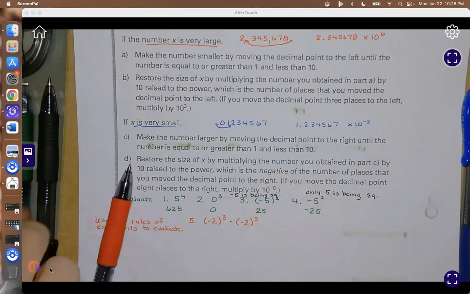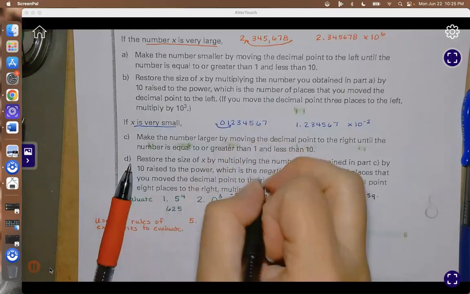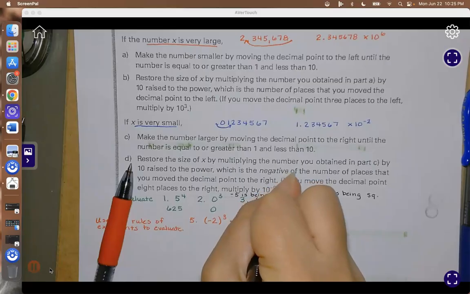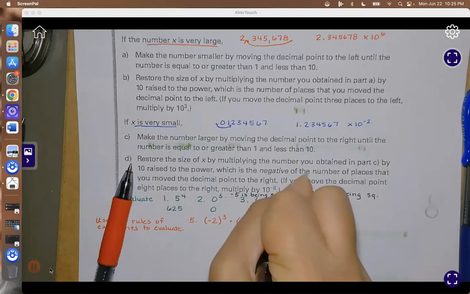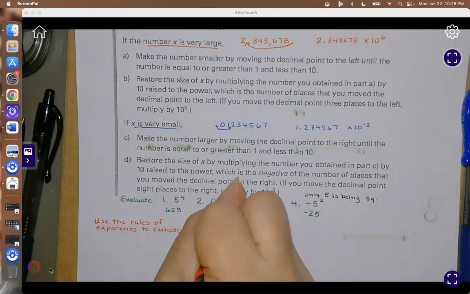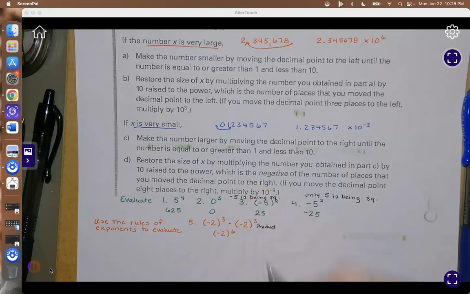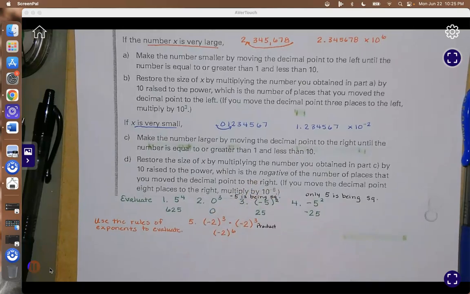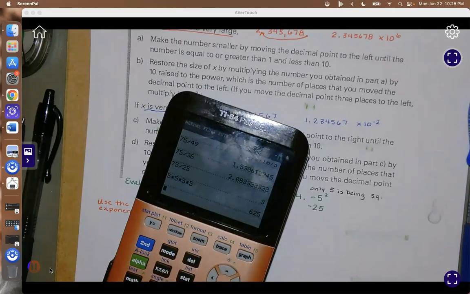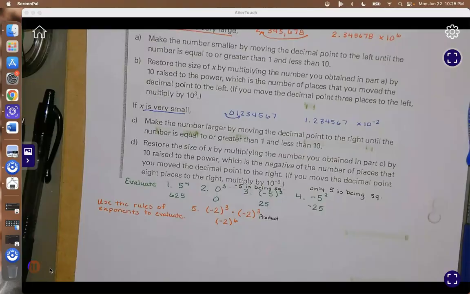Now, what we're going to use is the product rule. Okay, they have the same base. So this is going to be -2 to the 6. So we add our powers. Now, an even number is going to make it positive. So then we can just do 2 times 2 times 2 times 2 times 2 times 2. And that's going to be 64.